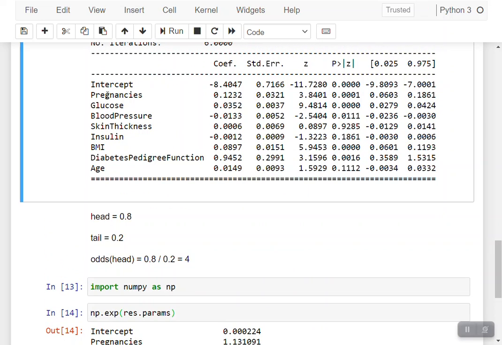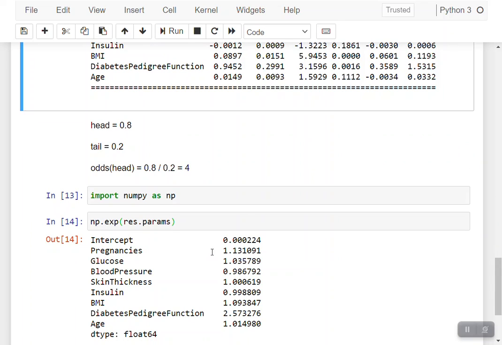So when it comes, for example, to pregnancies, the odds ratio is 1.1, which basically means that the odds ratio of becoming diabetic is 1.1. So it's not exactly 50-50. It's almost 0.55, probably, the probability of becoming diabetic. Or you can go back to that formula here, right?